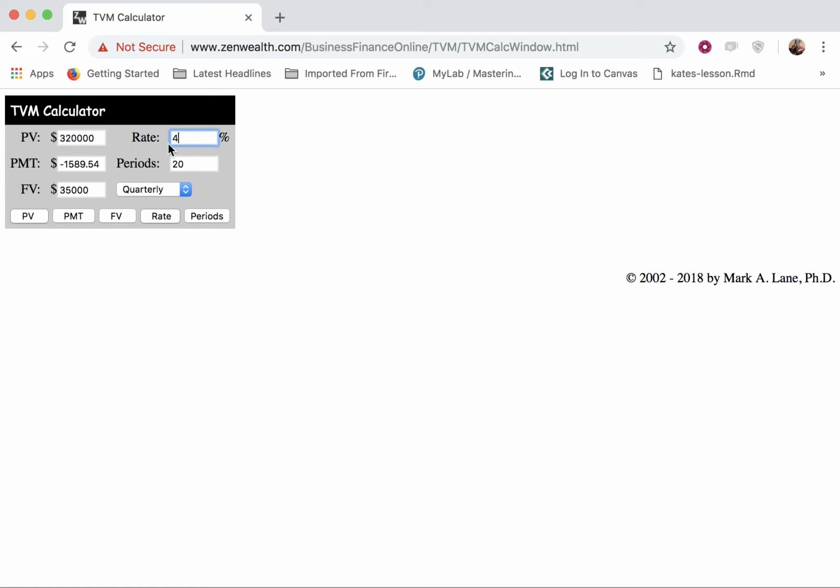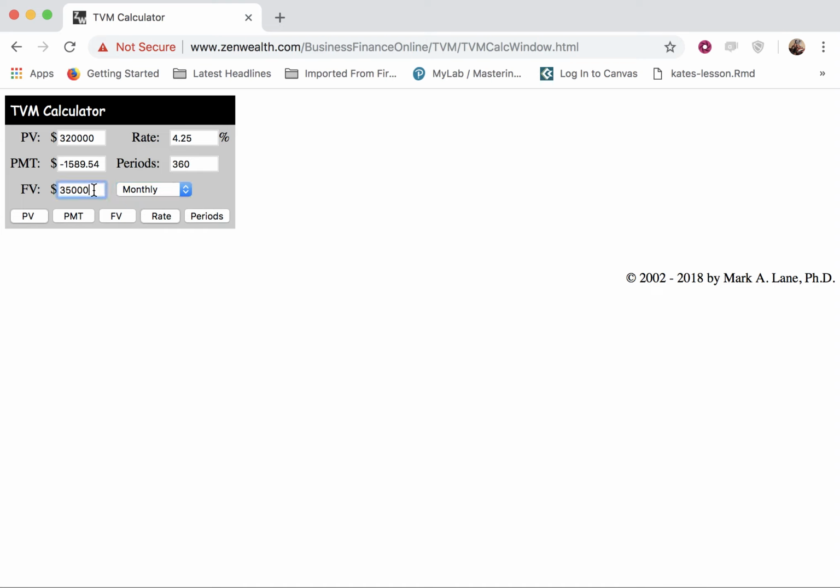Your rate, again, was 4.25%. Your periods are 12 payments per year times 30 years, so that's 360. You are paying monthly, so change the quarterly to monthly here.